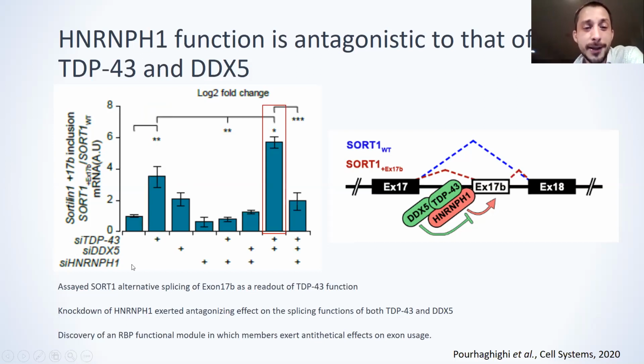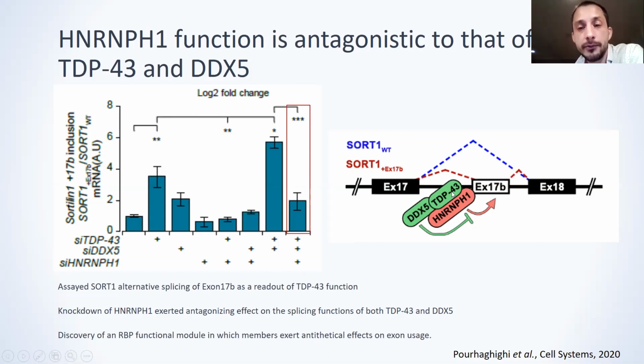If you knock down hnRNP-H1, there's no real effect on inclusion or exclusion of exon 17b. But what's really neat is that if you do hnRNP-H1 knockdown at the same time as TDP and DDX5 knockdown, the absence of hnRNP-H1 blocks the effect on inclusion of exon 17b brought about by the knockdown of TDP43 and DDX5.